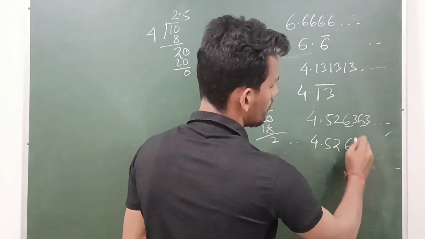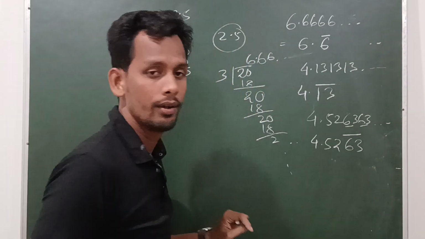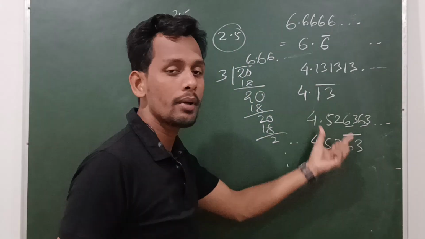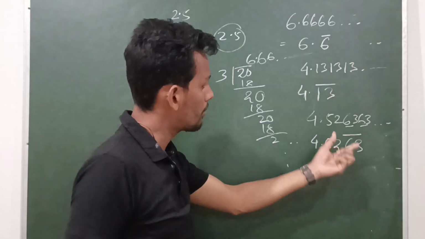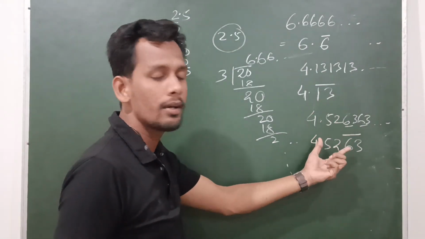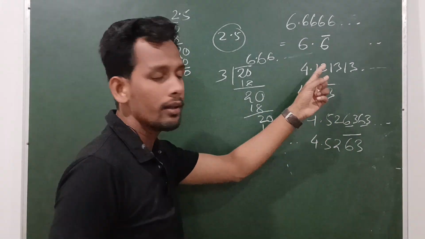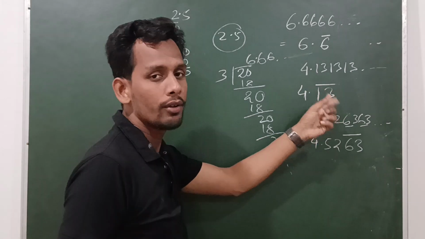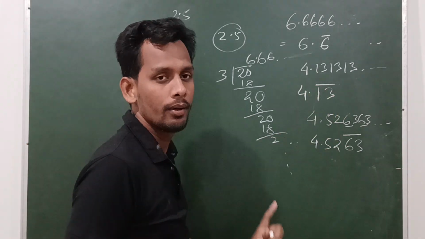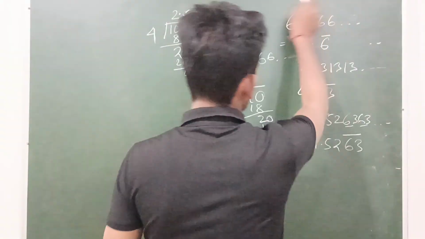So like this, you can write the rational number. Again I am saying that these numbers are non-terminating but repeating. Okay. So this is the concept of rational numbers.